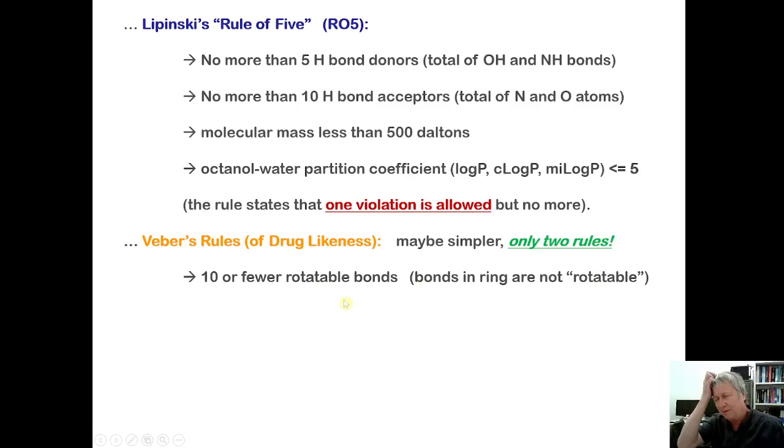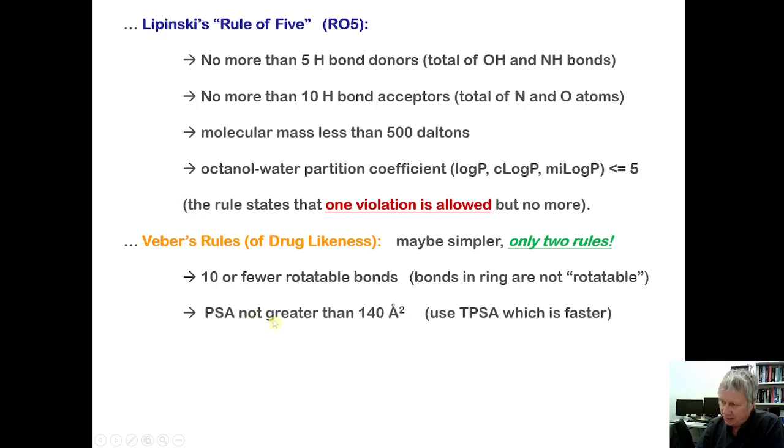If there's too many rotatable bonds, it may be an indication of maybe a difficulty getting into the membrane. There's too much entropy. I didn't really understand the reasoning for the rotatable bonds thing off the top of my head, but I think I learned about this before and I just can't remember. But that's one of the Weber rules.